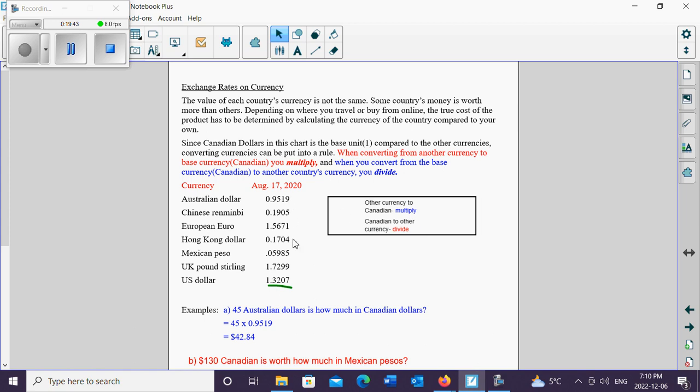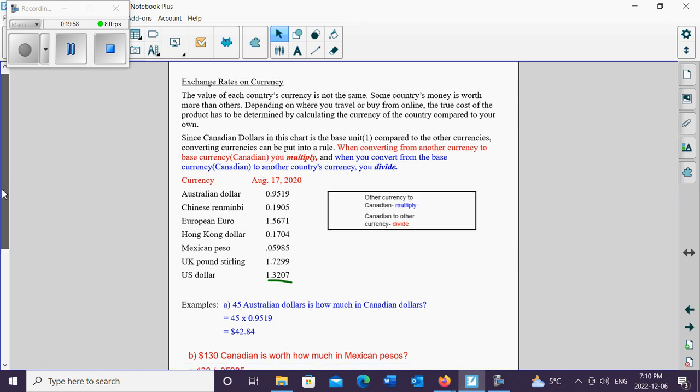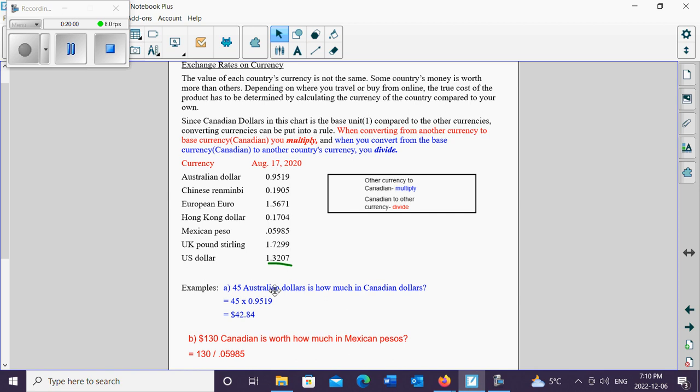And these are all the different exchange rates on this particular day. It changes daily. Sometimes it changes from the morning to the night. It's always in a state of change. But an example would be $45 is how much in Canadian. If we were to take another person's currency and take it to Canadian money, we're going to multiply.